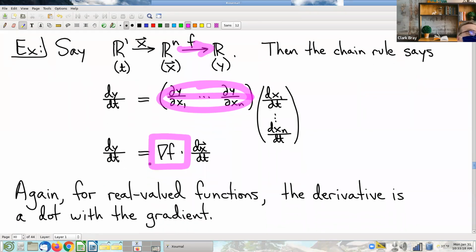And again, old news. We've seen this before. It's the same thing, but instead of the derivative being thought of as a matrix multiplication, now the derivative can be thought of as a dot product with this special gradient vector.